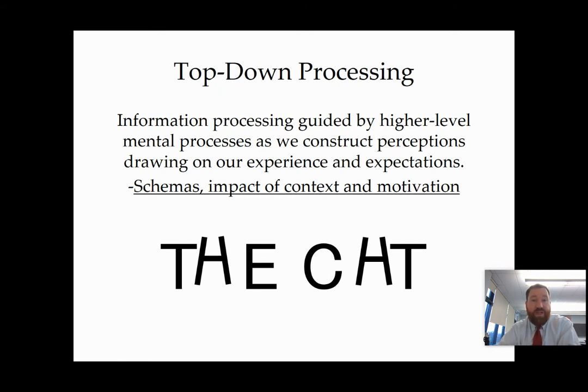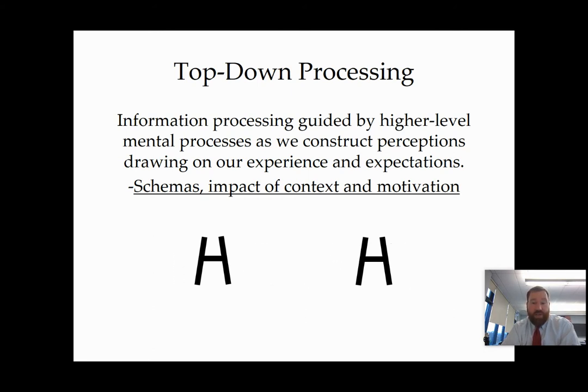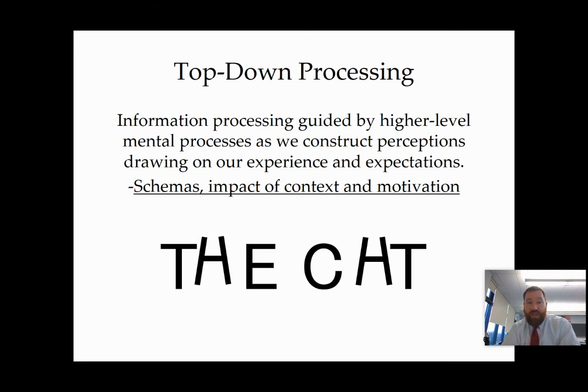Our mental representations. So here again, you have the same symbol, but we probably read that as "the cat," right? Even though the symbol is exactly the same in the middle, we still see the one with THE and the other is CAT because, even though it's a little bit more ambiguous than the other ones we've looked at, that's what makes sense.